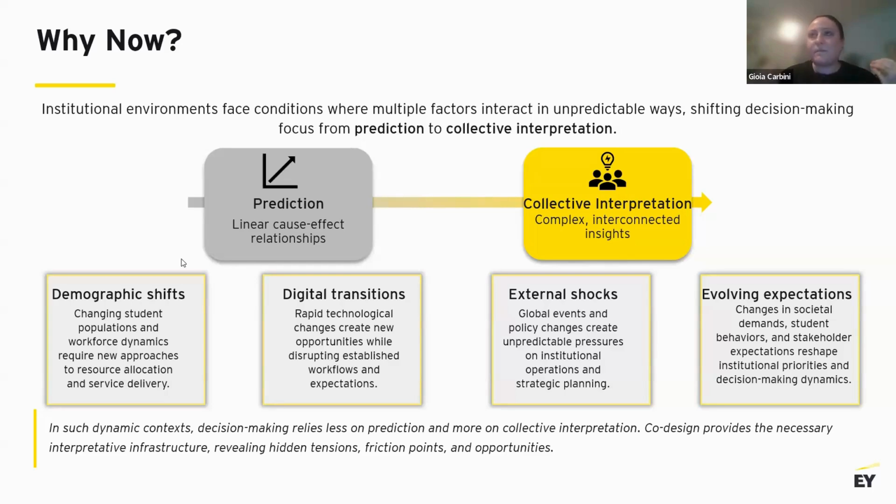And so when tension surfaces or when some friction points become very much visible, we need to find those as opportunities, because through co-design we allow different groups to test assumptions before implementation. We challenge the mental models that we have, because we all have biases as we are human. We have our model of thinking and our specific way of reacting to things.